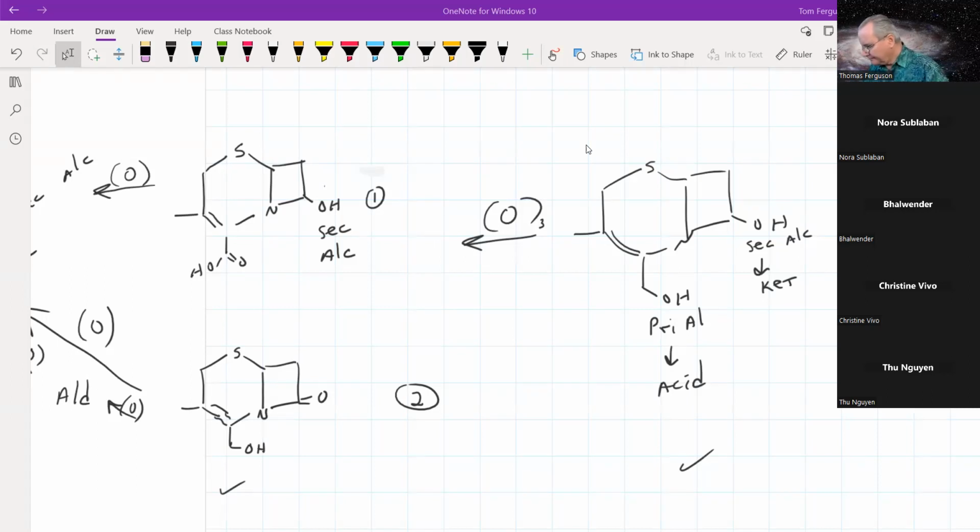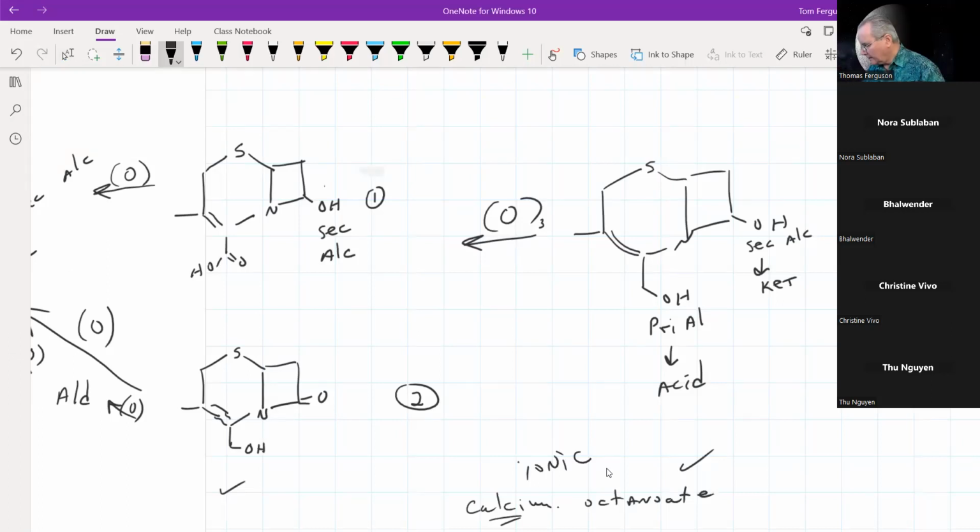Remember, the calcium was an octanoate or whatever. As soon as you bring in the ionic, this nomenclature comes into play too. So it's not an ester, it's an ion. Okay, that makes sense?